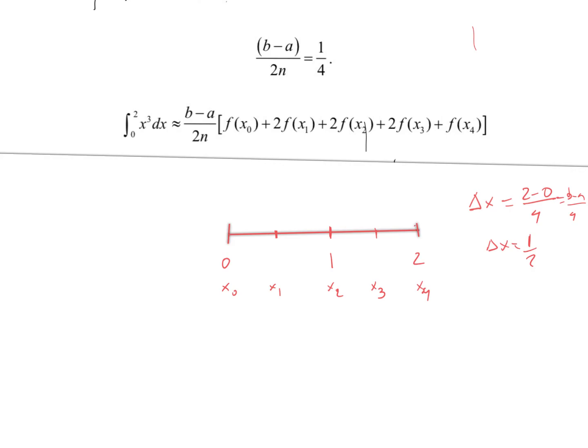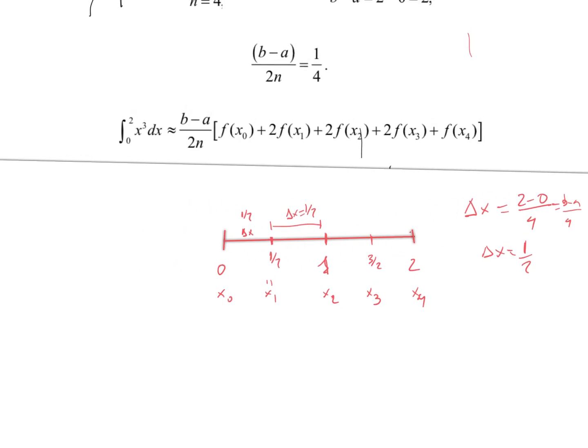So the first point is x equals 0. Because delta x is 1/2, the second point is x1, and x1 is 1/2. The third point is x2, and x2 is the point 1, because it's 1/2 plus delta x. Delta x is 1/2. And the next point is 3/2, because the previous point was 1 plus 1/2, delta x.